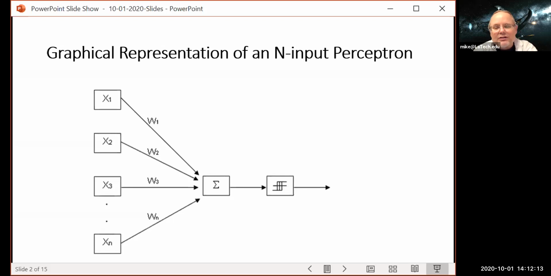Very simple. You can imagine implementing it as a little loop. As we'll see momentarily, another way of viewing it is as a dot product of two vectors, the input vector x and the weight vector w. So you can show it as a vector multiplication if you want to do it that way too. I'll talk about that in a minute.